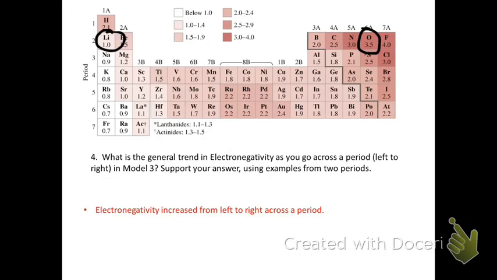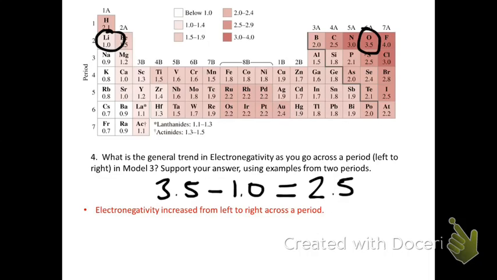Okay, the difference between those is 3.5 minus 1.0, and that difference is going to be 2.5. So it's much greater than 1.8, so therefore a bond between oxygen and lithium will be ionic. And so that's essentially how you use these electronegativity numbers to determine if a bond is going to be covalent or ionic.